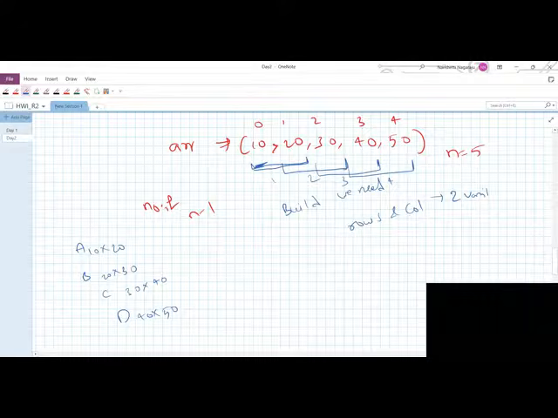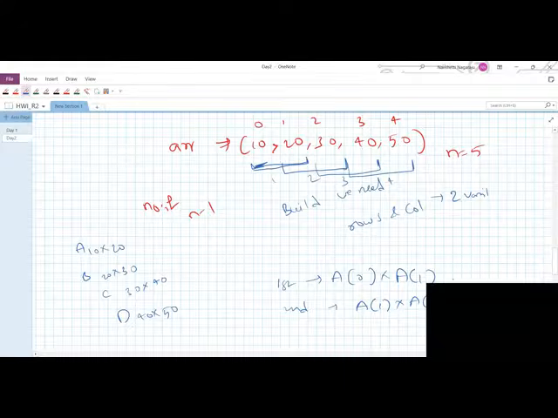If you observe this, what are the dimensions of the first one? Array of 0 into array of 1. For the second, it is array of 1 into array of 2. For the third, it is array of 2 into array of 3.